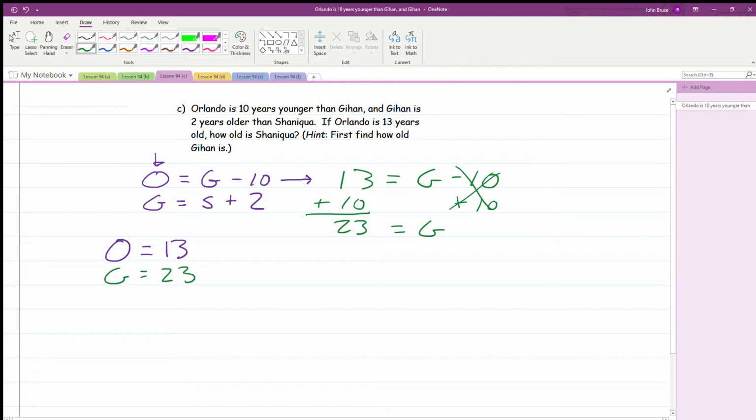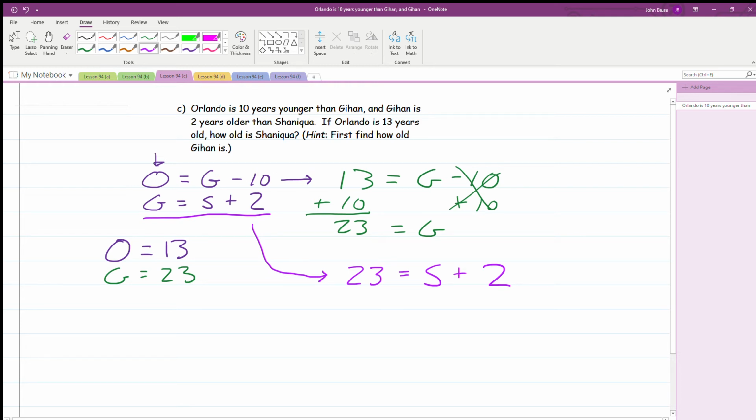Now it says Gian is 2 years older than Shaniqua. So G equals S plus 2. Let's take this problem here and move it down there. And we know that G is 23, so we're going to plug in 23 equals S plus 2, because Shaniqua is 2 years younger than Gian.